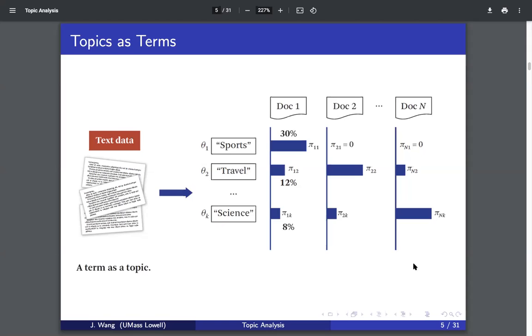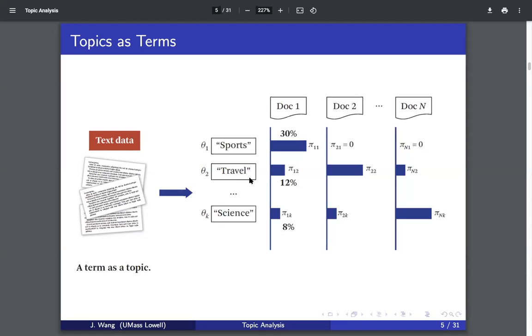But at UMass Law, the computing tool is C, so you don't have a good library for handling text. So let's say we are doing Python in computing tool. It's a pretty straightforward thing. We have this text data, and let's say I have K topics: sports, travel, and science. We just look at terms. How many terms can be classified as describing sports?